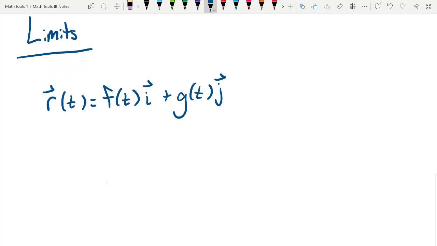Just like with regular limits, there are kind of two definitions of the limit here, one more rigorous and one more practical. Back in Math Tools 1, for those of you who took that class, we looked a little bit at the precise definition of the limit.